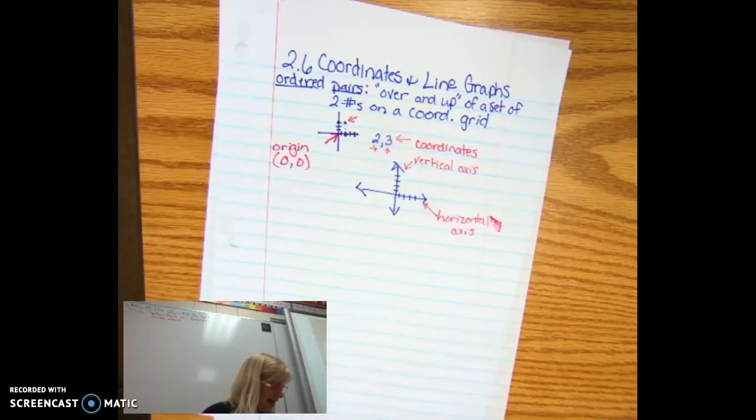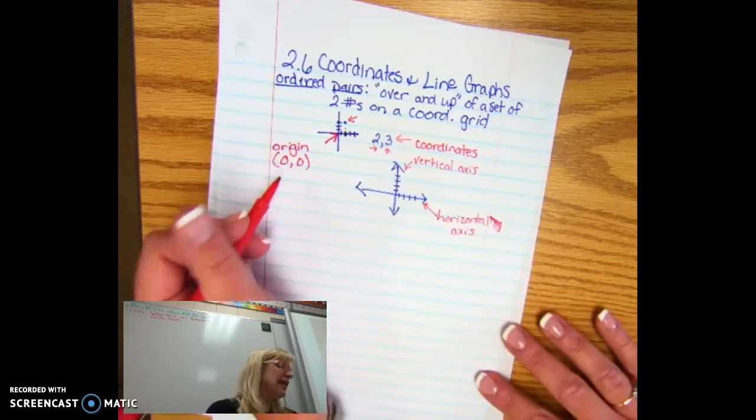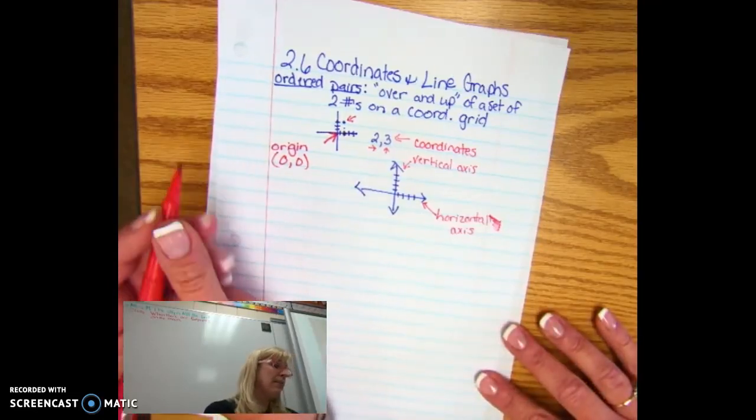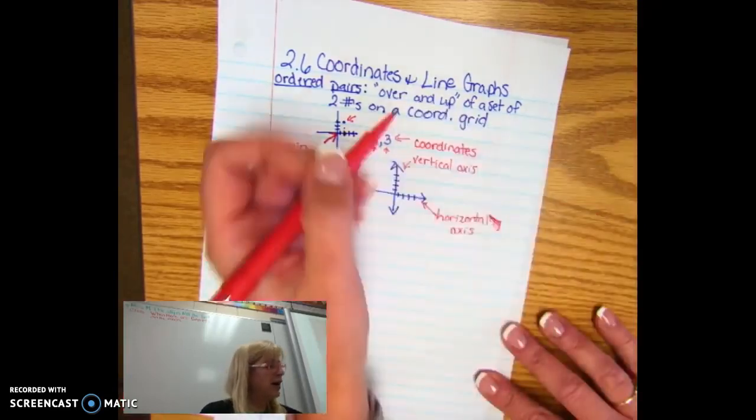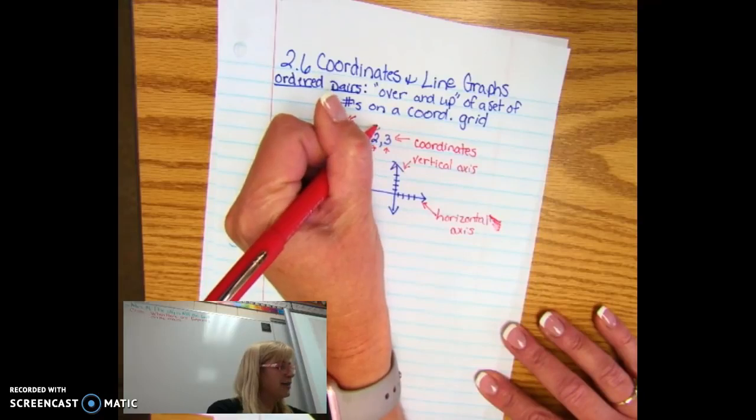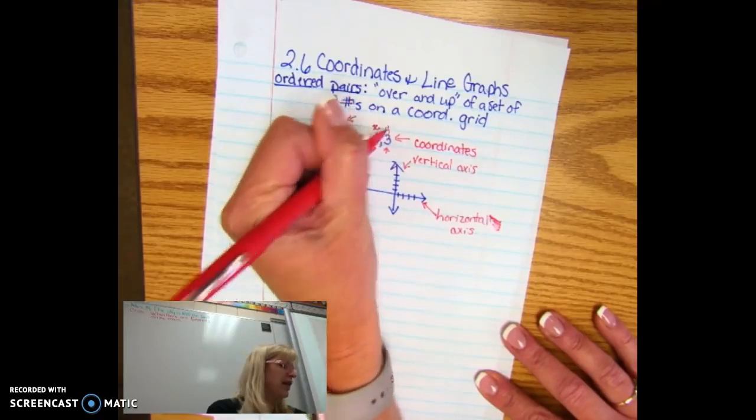We will talk a little bit more about X's and Y's, but I will say that when you have an ordered pair, the first one is your X and your second one is your Y.